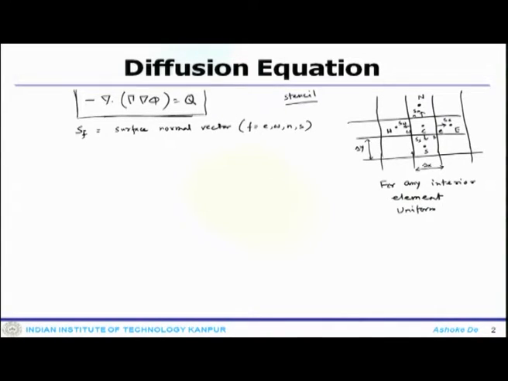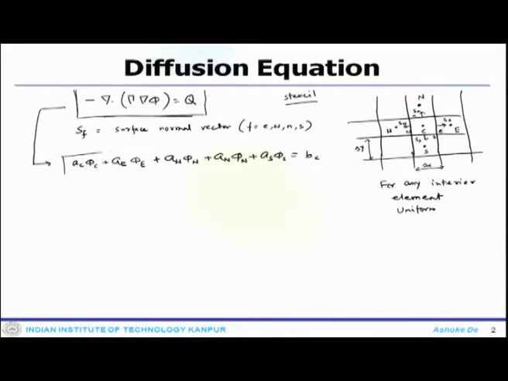Once we have done the discretization, this governing equation gets us AC phi C plus AE phi E plus AW phi W plus AN phi N plus AS phi S equals BC.